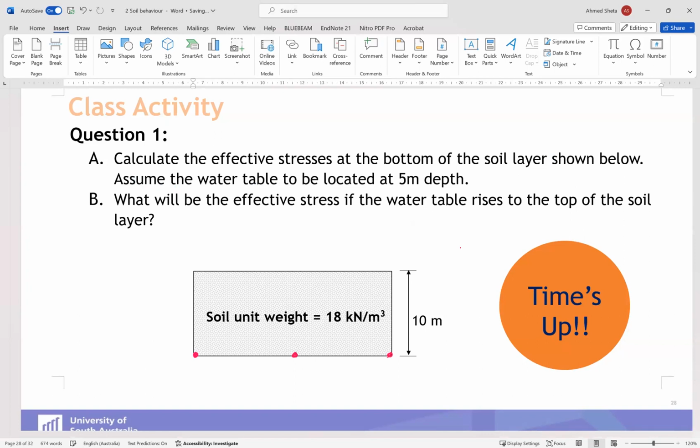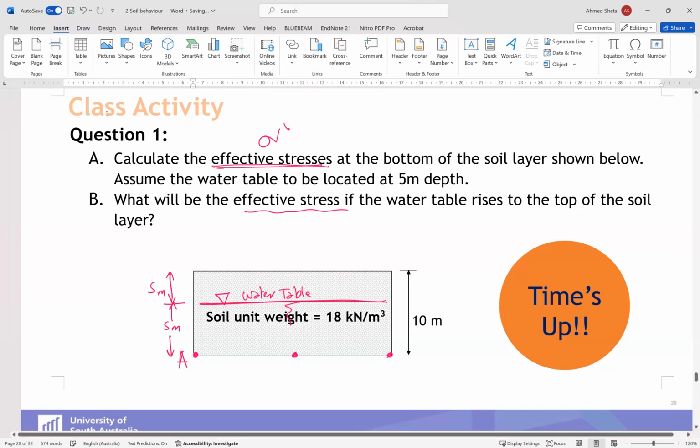This is point A, and the water table is at mid-height of the soil layer, at 5-meter height. We need to calculate the effective stress, sigma dash, at the bottom of this layer. And then the next stage is to find the effective stress if the water table rises to the top of the soil layer.